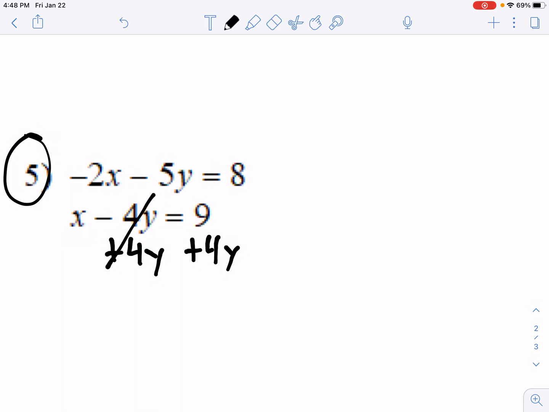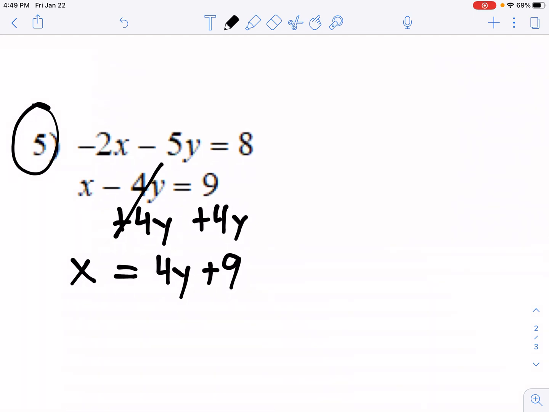So that would get rid of this here, and we'd have x equals a positive 4y plus 9. In this example, I'm actually solving for x, and we're moving y to the other side, but it's still going to give us the same result.